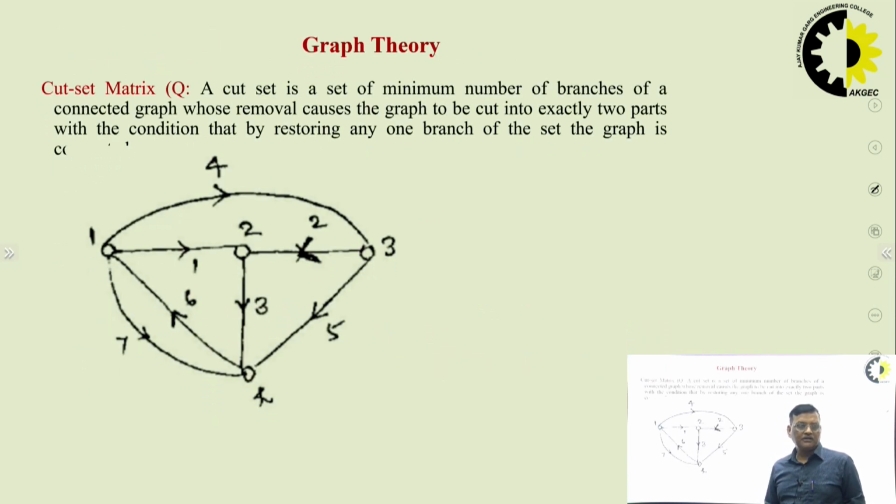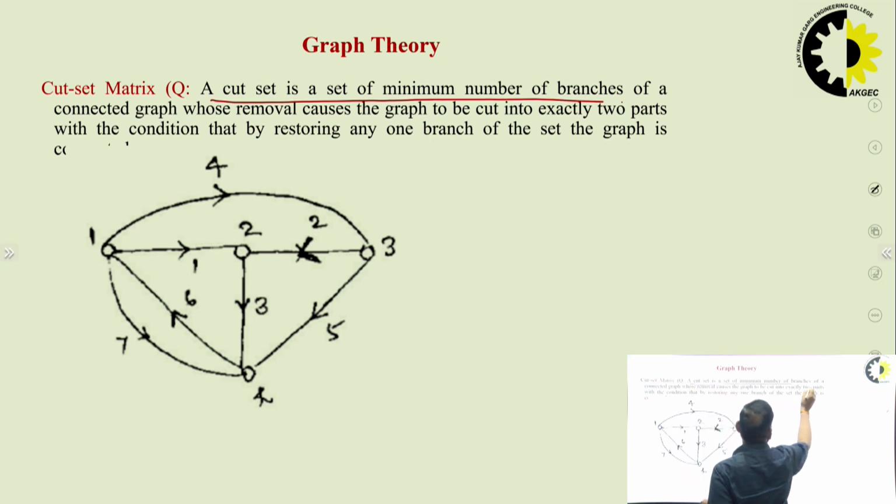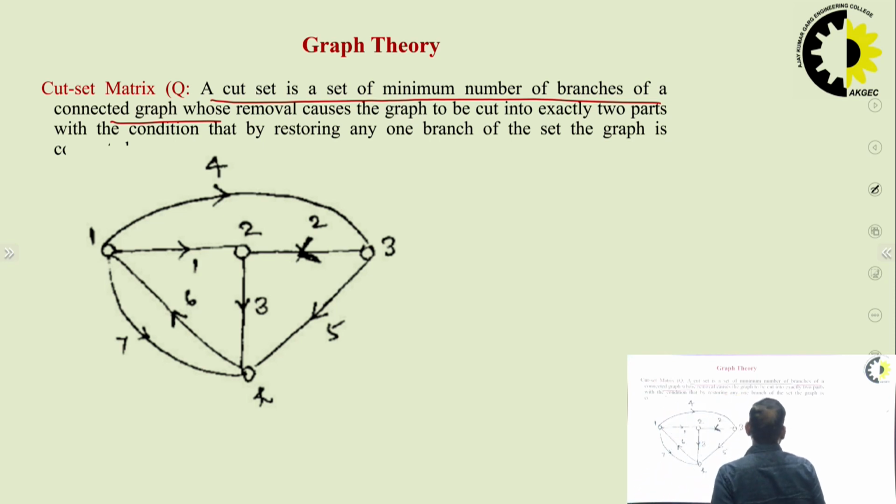Now come to another matrix, called the cut set matrix. What is a cut set? A cut set is a set of minimum number of branches of a connected graph whose removal causes the graph to be cut exactly into two parts, with the condition that by restoring any branch of the combination, the graph becomes connected.